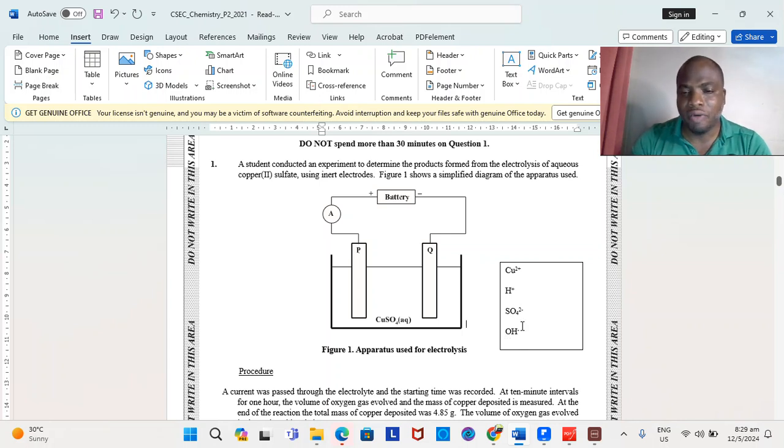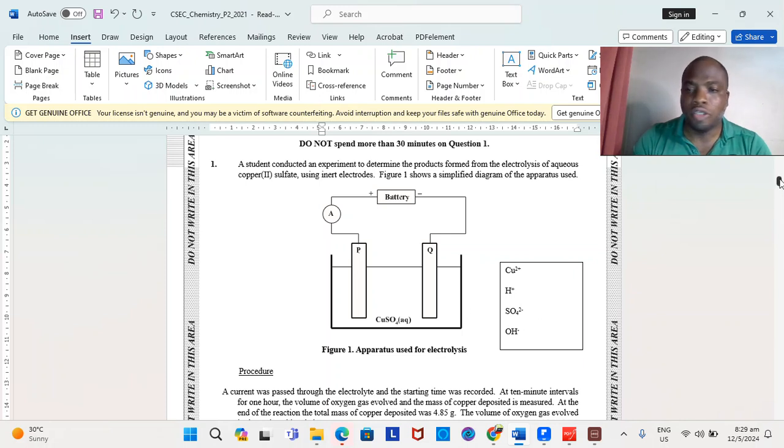When you look at the series, the hydroxide falls below the sulfate ion, and so it is the one that is going to be preferentially discharged. And when that is discharged, one of the things that you'll be getting is oxygen. And that is what they're collecting and recording every 10 minutes.